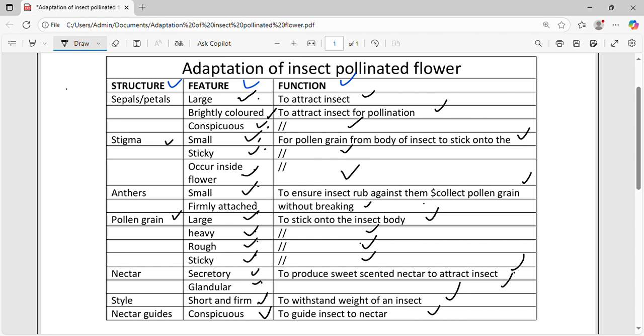So you have 16 marks for the features. And how many marks for the function? 1, 2, 3, 4, 5, 6, 7, 8, 9, 10, 11, 12, 13, 14, 15. So we have 15. So this essay has almost 30 marking points. This is the simplest way to do an adaptation essay.